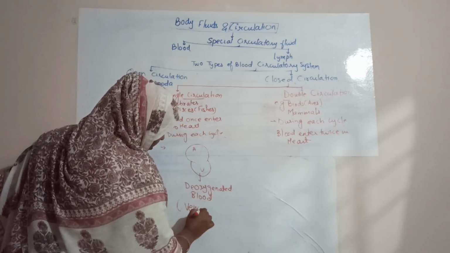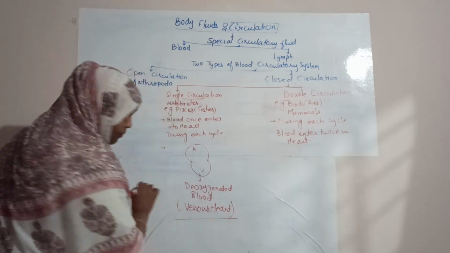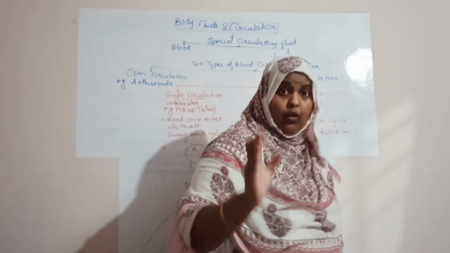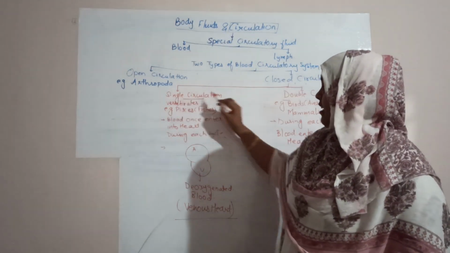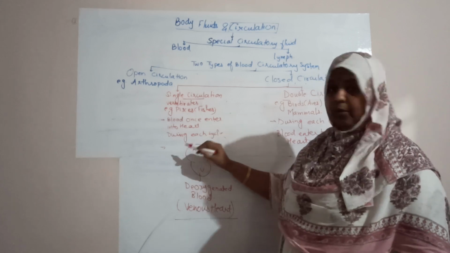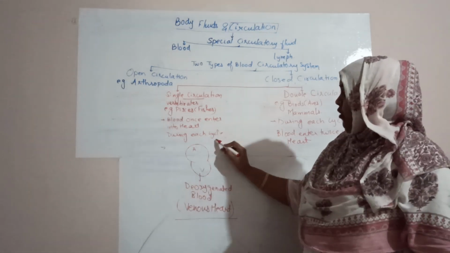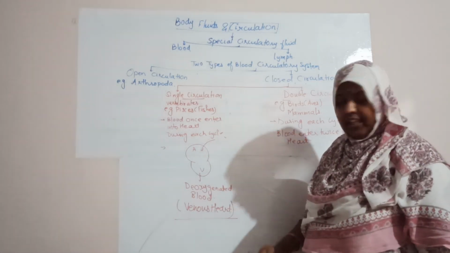So which type of heart is present in Pisces? Venous heart. What is the meaning of venous heart? When the heart pumps deoxygenated blood, in which circulation does it happen? Single circulation, Pisces. During each cycle, only one time blood enters the heart. Deoxygenated blood enters the atrium, then the ventricle.